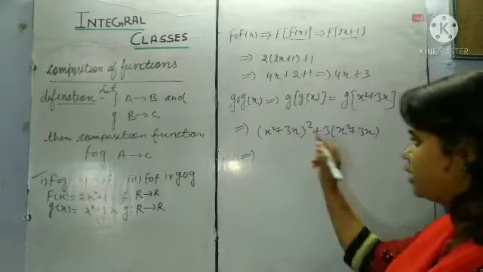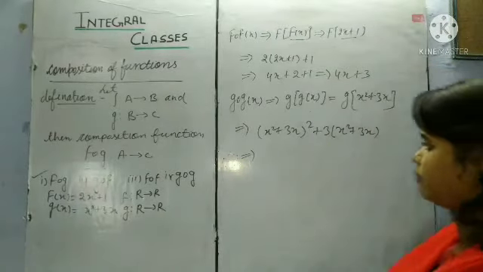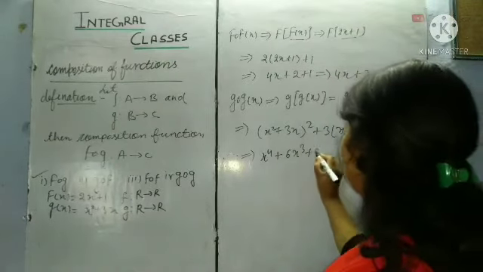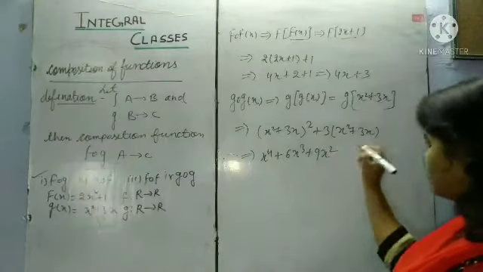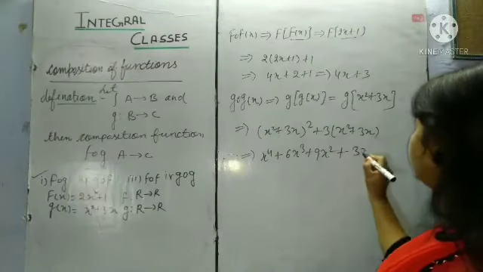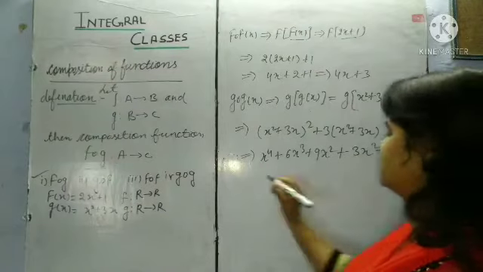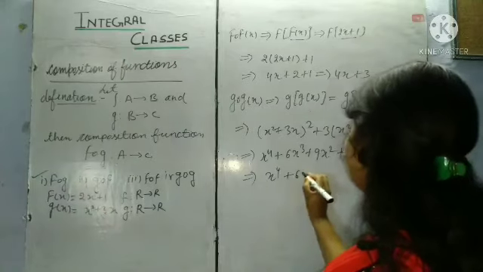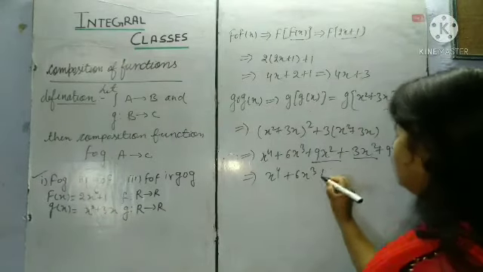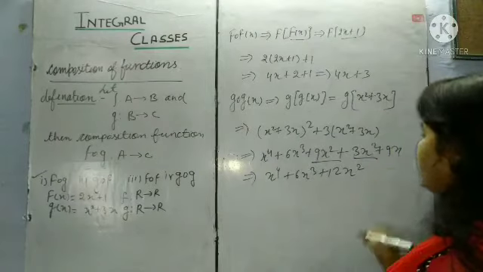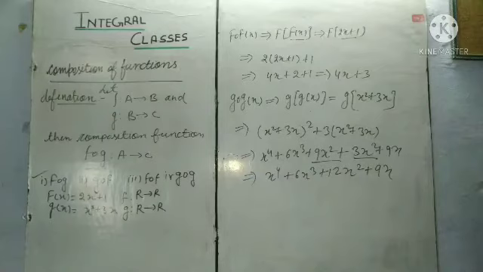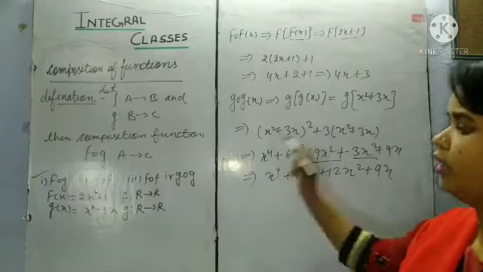Then we apply the algebraic identity (a + b)²: x⁴ + 6x³ + 9x². Again multiply 3 by x² + 3x: 3x² + 9x. Now we add them: x⁴ + 6x³ + 12x² + 9x. These four are the types of composite function: fog, gof, fof and gog.